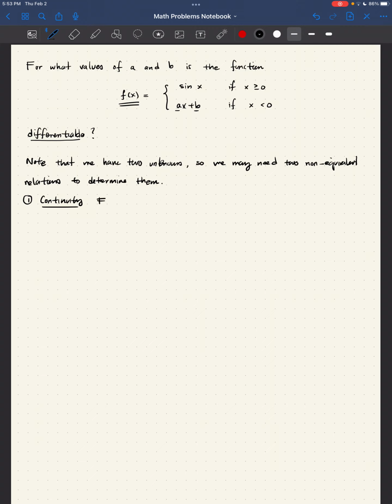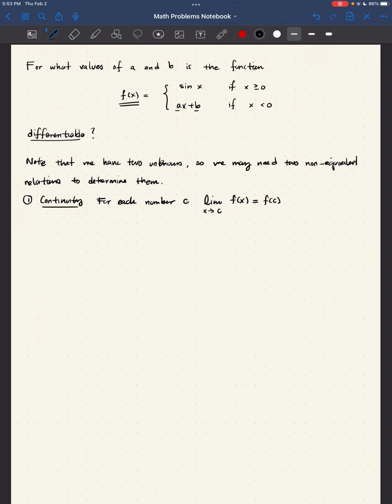So for each number c in the domain, of course, of the function, the limit as x tends to c of f of x should be f of c, right?